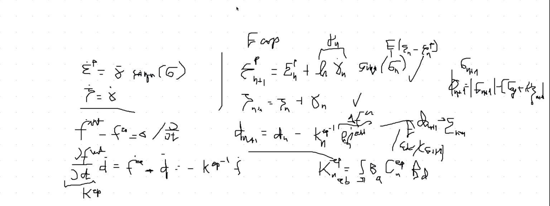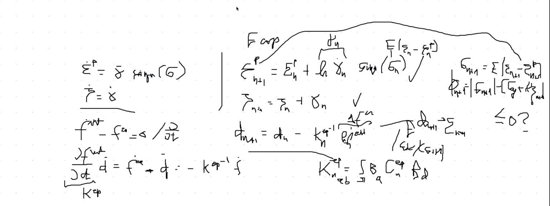Now, everything is nice, but the problem is whether this phi is negative or 0. And can I be sure? Well, recall again, this is E times epsilon n plus 1 minus epsilon n plus 1 plastic. So I have computed epsilon n plus 1 plastic from this equation. Then I have computed the total strain from this equation.